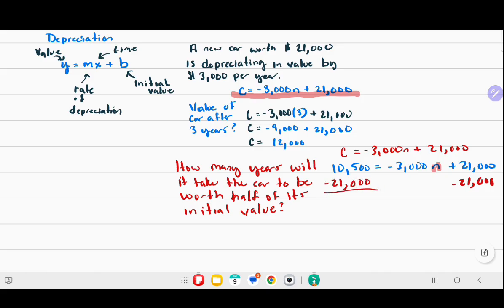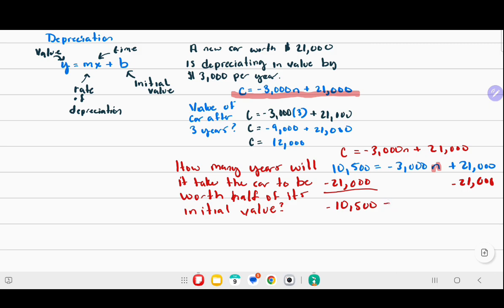Oh, we don't get negative 9,000. We just said it was half. So we get negative 10,500.